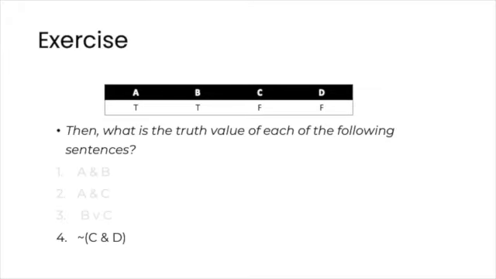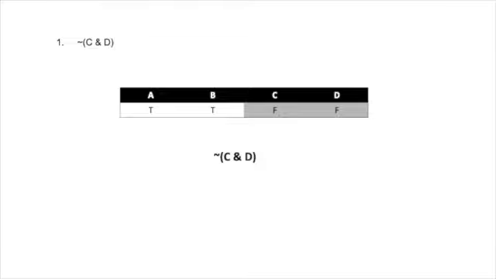The last one is not C ampersand D. We know that both C and D are false, but what about the connectives? Well, we have two connectives, the ampersand and the tilde. This sentence is formed by conjoining C and D, and then negating the result of this conjunction.